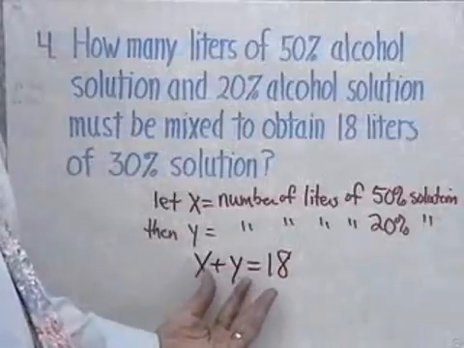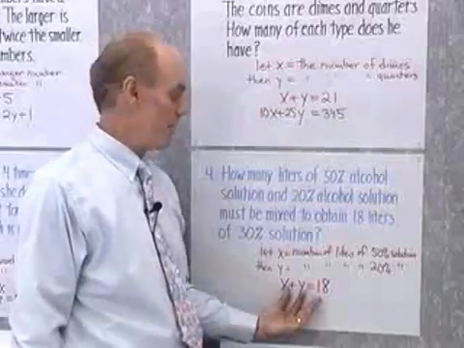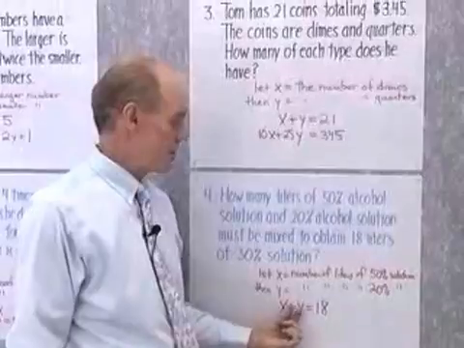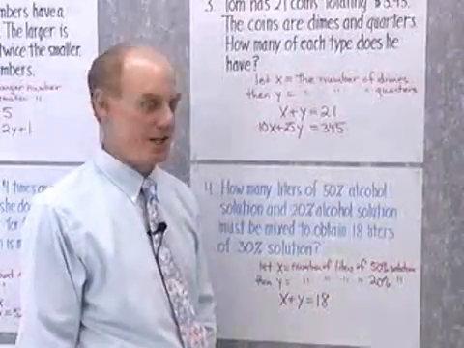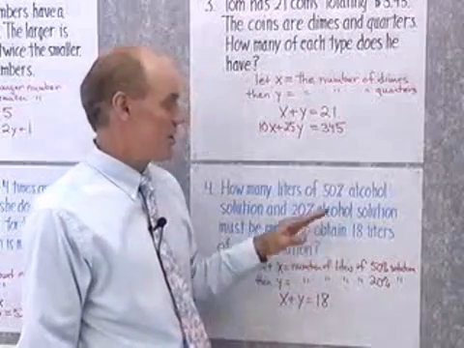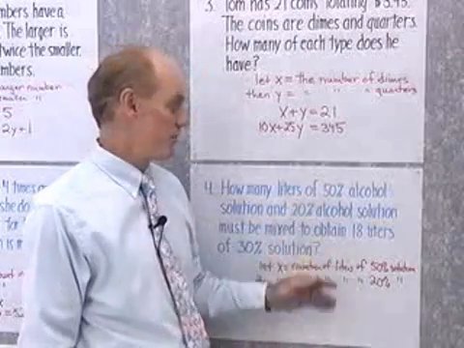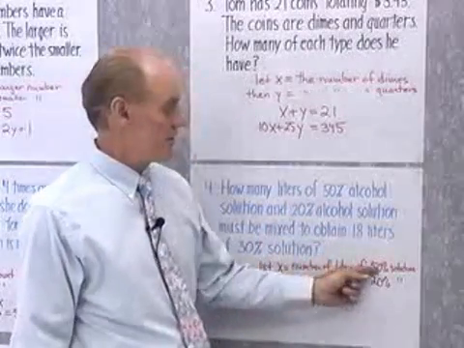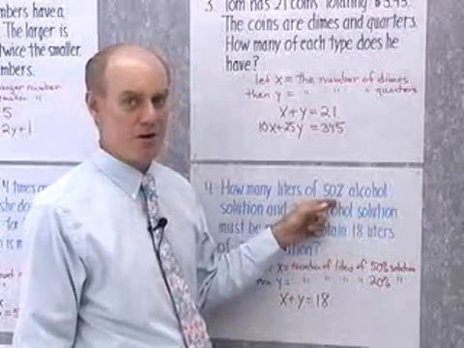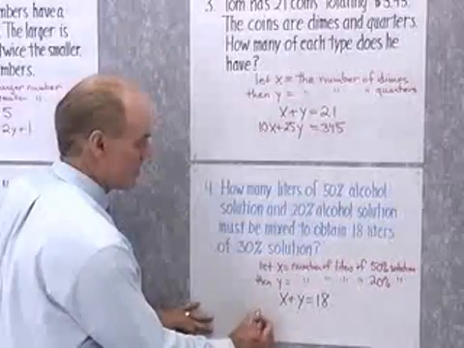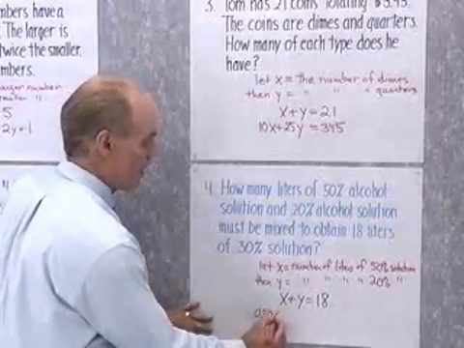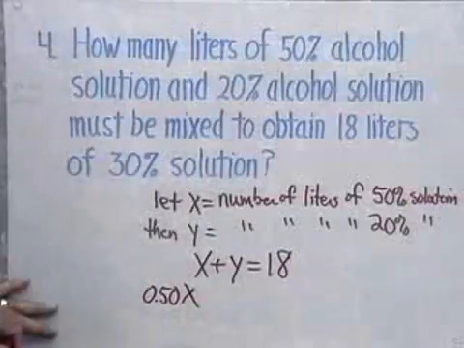So this is for the total number of liters in the problem. X liters of 50% solution plus Y liters of 20% has to come out to be the 18 liters I end up with. Now next I'm going to look at the amount of alcohol in each solution. This X liters that's 50% solution, half of it is alcohol. So the amount of alcohol in that solution is 0.50 times the number of liters of solution.